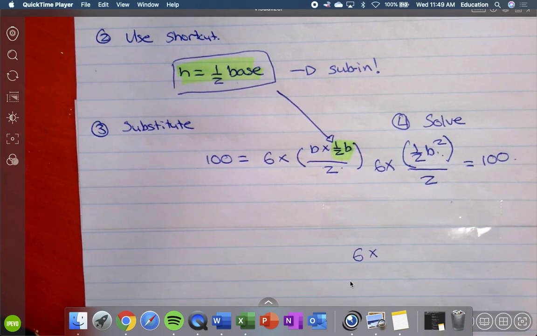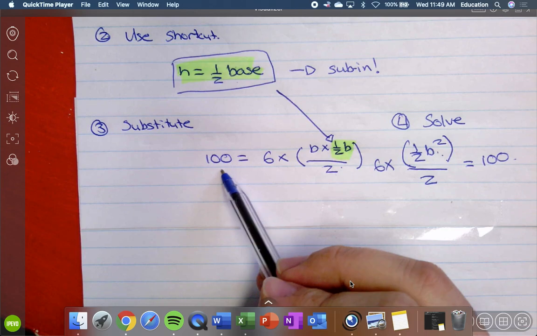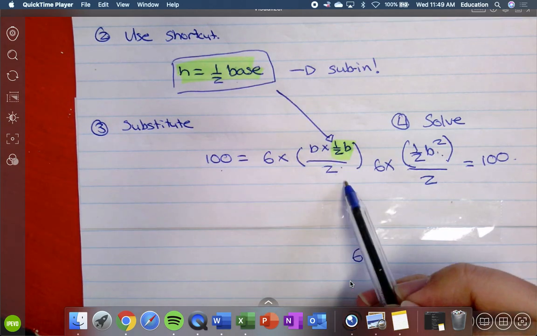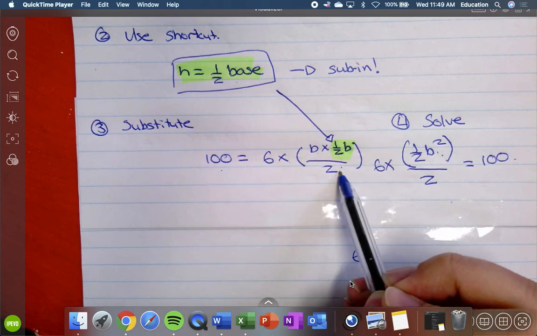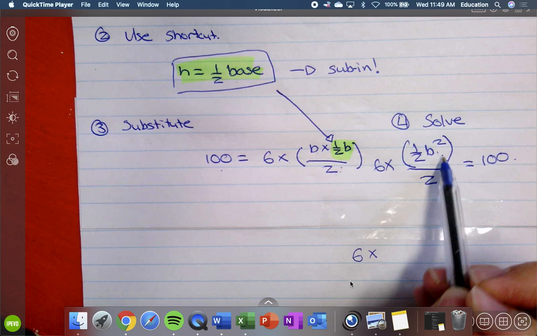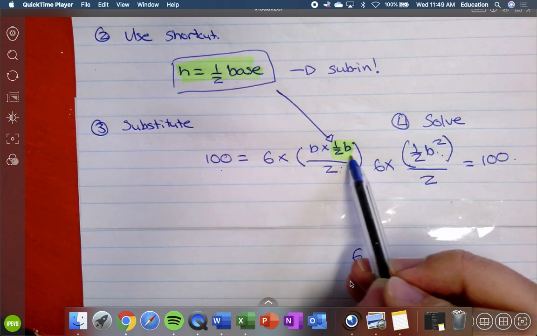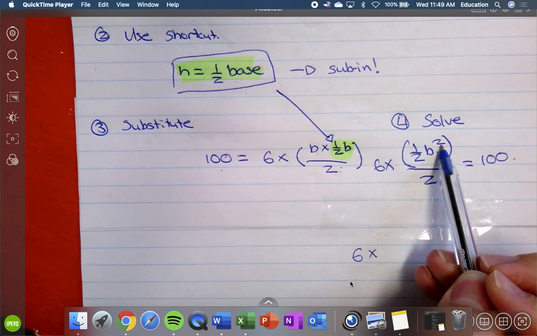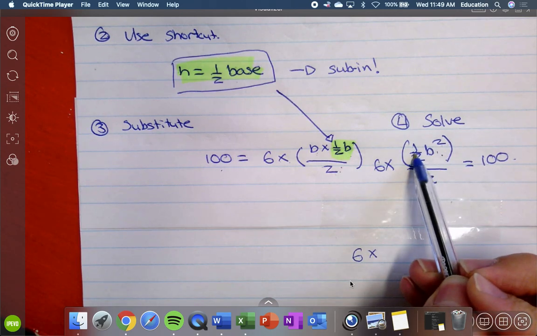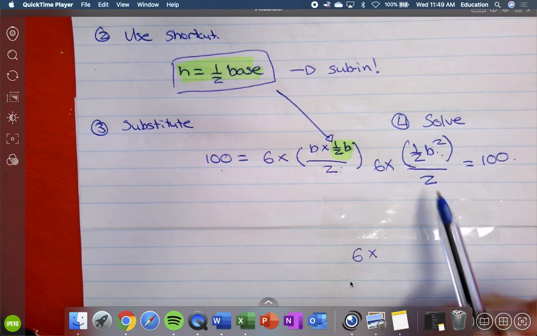So here I did again, 100 centimeters squared, that's our circle, is equivalent to our hexagon, which is 6 times base times height divided by 2. Here I simplified: base times half of base is half of base squared. A half divided by 2 is a quarter.